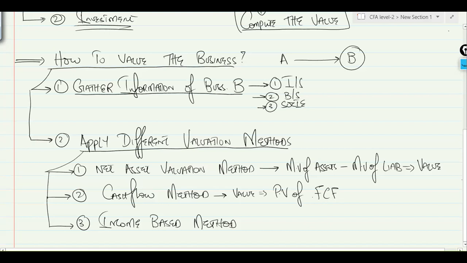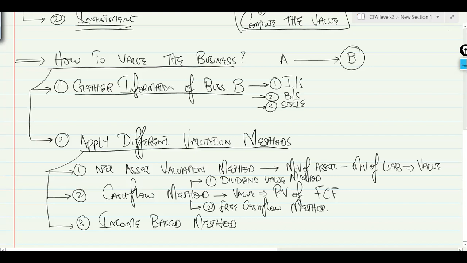In the cash flow method, we are going to study two types. One is said to be the major type, dividend valuation method, because one type of cash flow that the company pays to its investors is dividends. And the other method we'll study is free cash flow method.